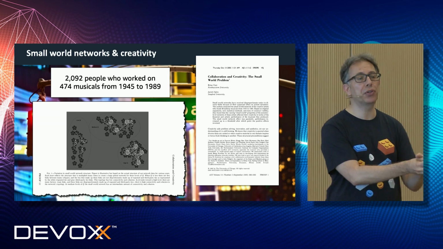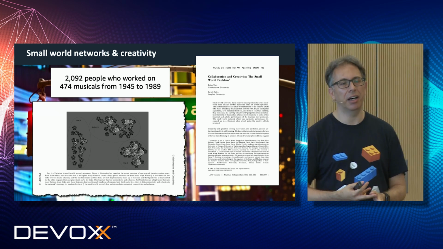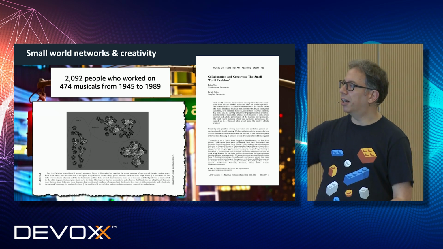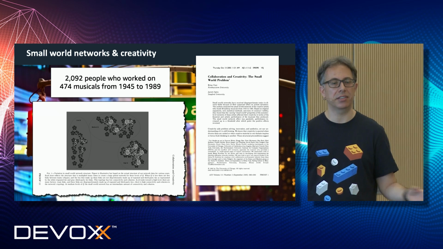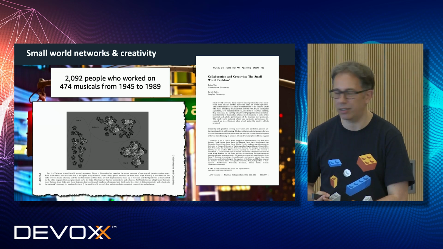So a low value of Q means this is a new team, they never worked together a lot, and they created a musical. And a high value of Q means these people work a lot in lots of musicals and created lots of musicals together.